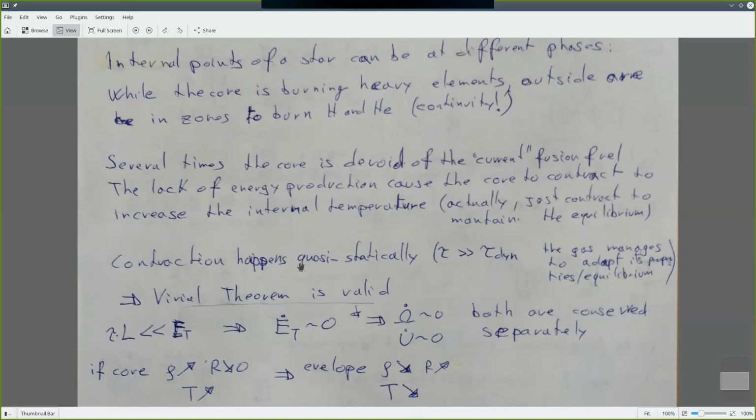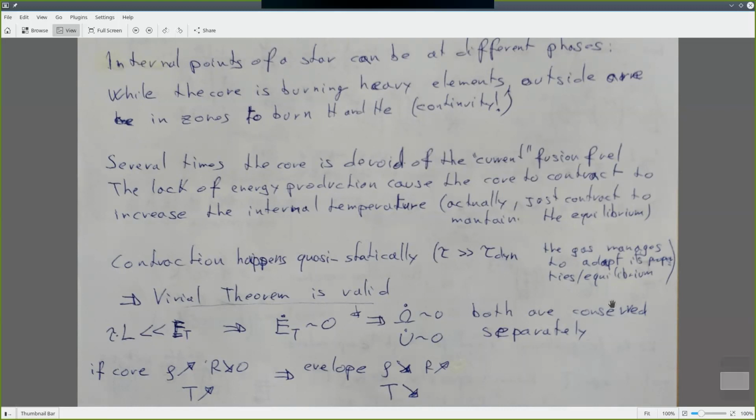The contraction we consider to be quasi-static. That means the time of the contraction is definitely bigger than the dynamical time. That means that the gas manages to correct internally all the properties to maintain the equilibrium. So it does not contract abruptly; it contracts and adjusts temperature, pressure, and density to maintain the equilibrium.